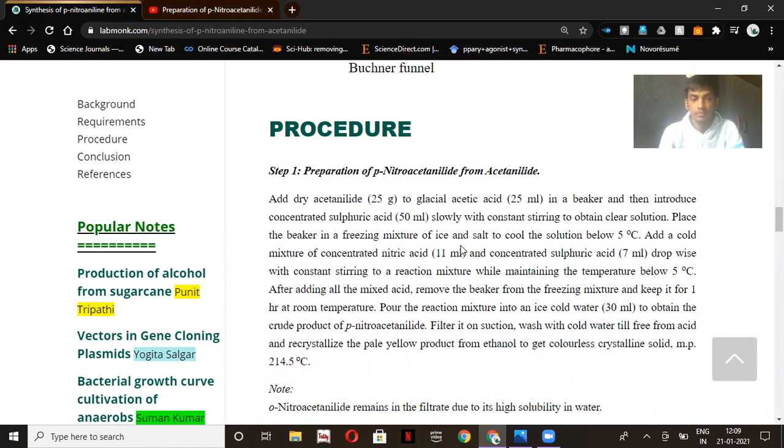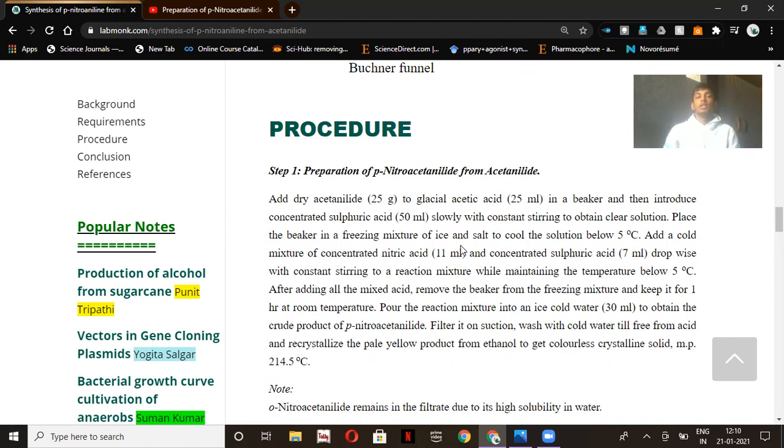Add both of them dropwise with constant stirring to the reaction mixture while maintaining the temperature below 5 degrees Celsius. After adding all the mixed acid, remove the beaker from the freezing mixture and keep it for 1 hour at room temperature. Now pour this reaction mixture into ice cold water, approximately 30 ml, to obtain the crude product of para-nitroacetanilide.